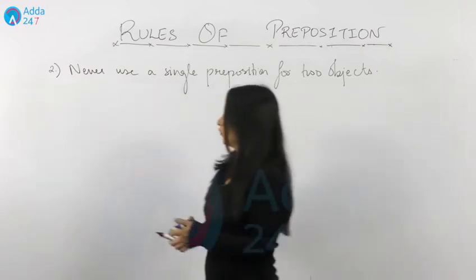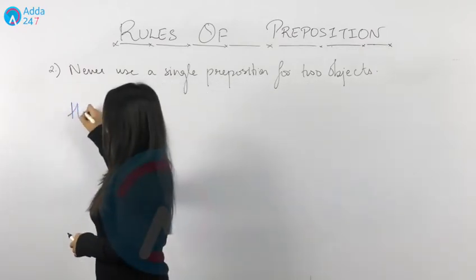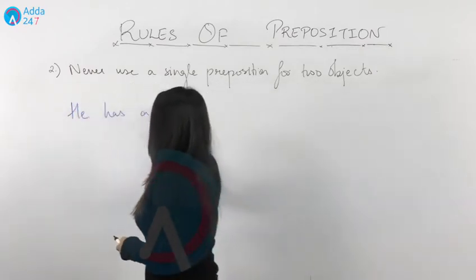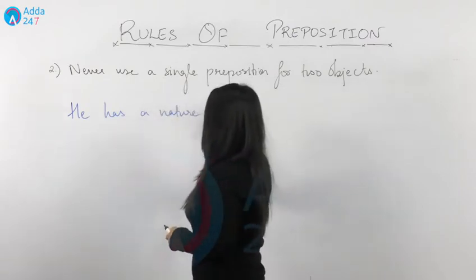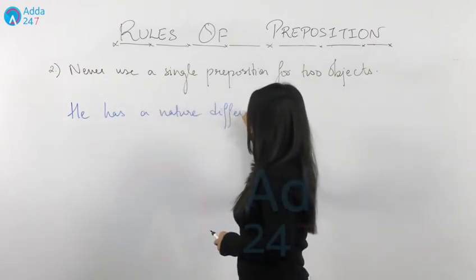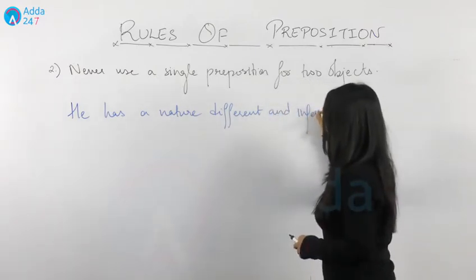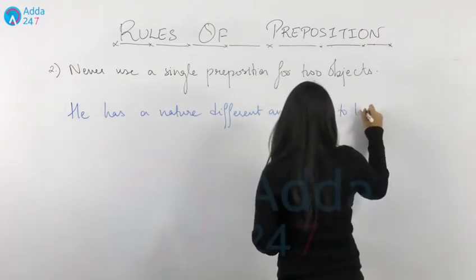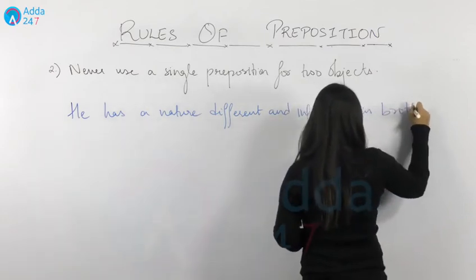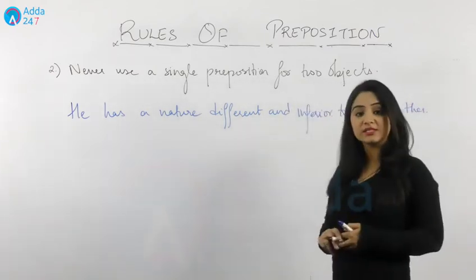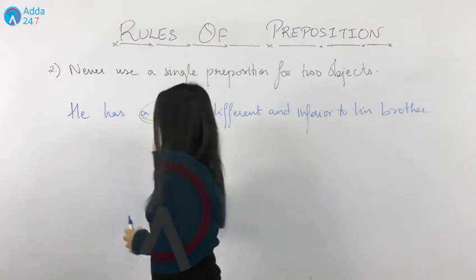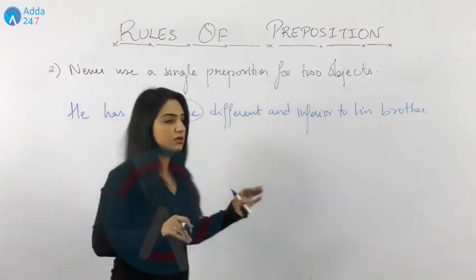For example, he has a nature different and inferior to his brother. Right? Now here you can see we are talking about the nature of a person, and what are the qualities mentioned?